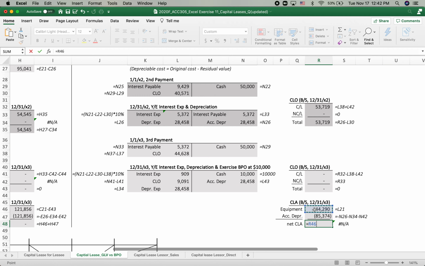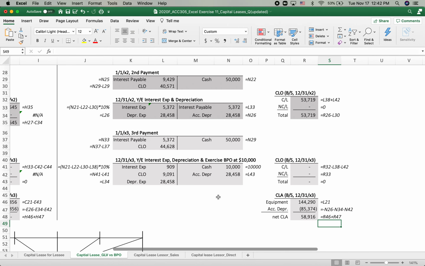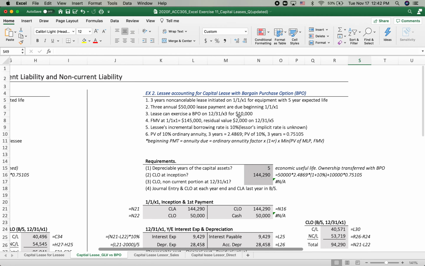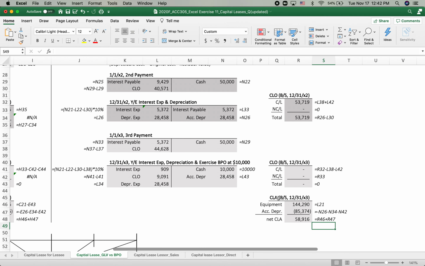And then the CLA should be 58,916. I can predict that this CLA will be, just give me a second, $2,000 at the end of year 5.